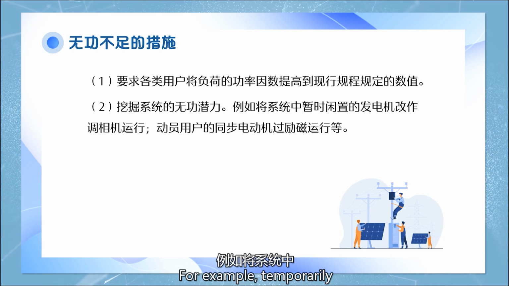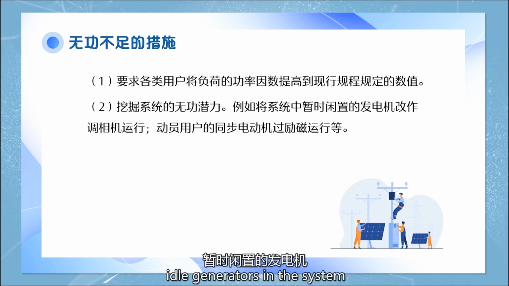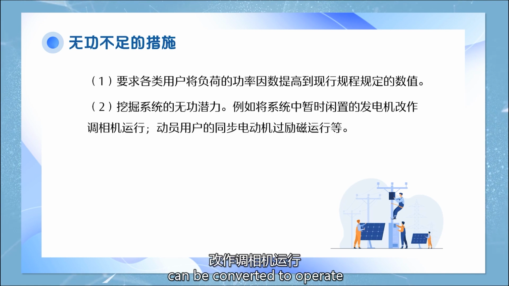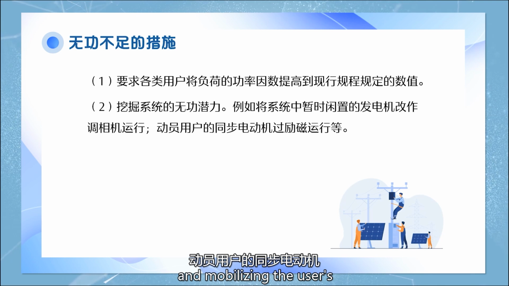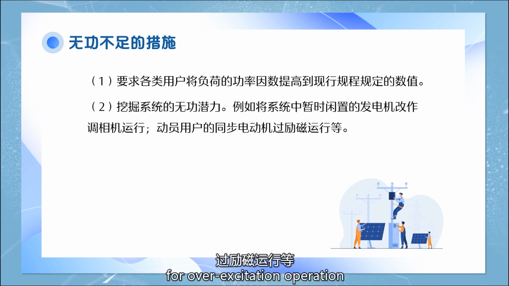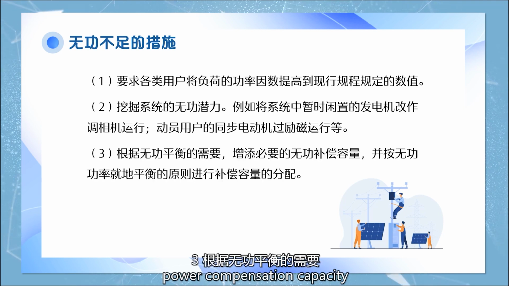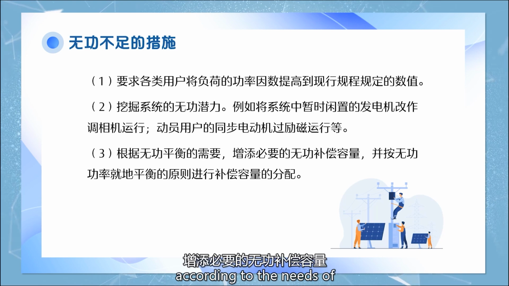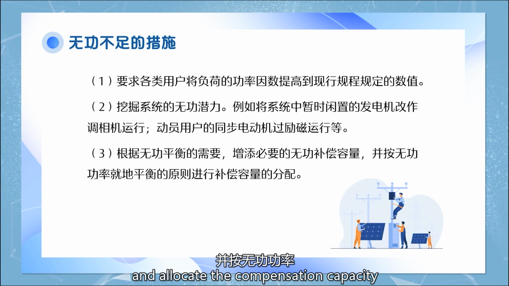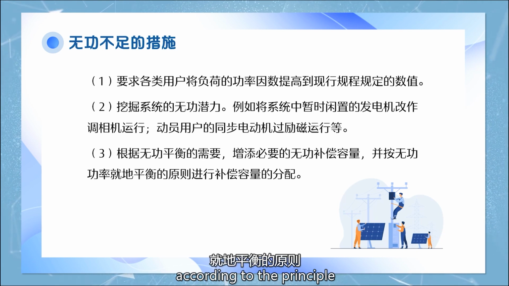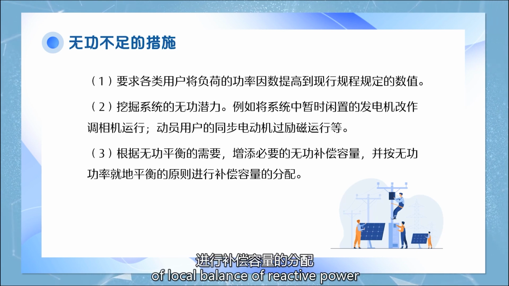For example, temporarily idle generators in the system can be converted to operate as condensers, and the user's synchronous motors can be mobilized for overexcitation operation. 3. Add the necessary reactive power compensation capacity according to the needs of reactive power balance, and allocate the compensation capacity according to the principle of local balance of reactive power.